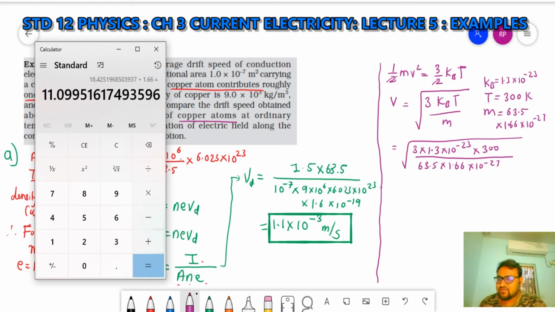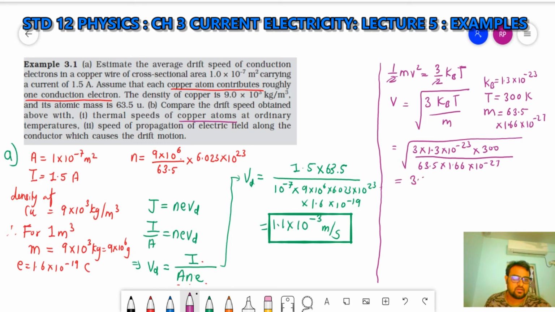So that is 11.099, and 10 to the power of minus 23 plus 27, so it will be 10 raised to plus 4. So the square root of 11.09 will be equal to 3.33, and it was 10 raised to 4. So the square root of it is 10 raised to 2 meter per second.